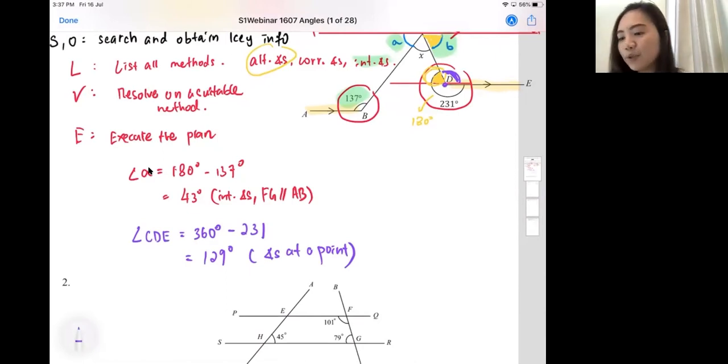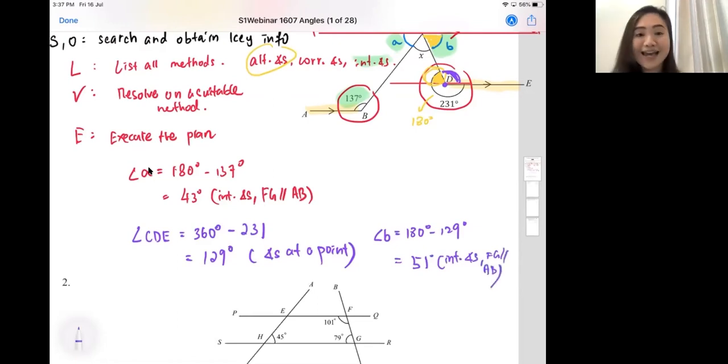Then after that, we use the method that Benjamin and Brian suggested. So we are going to take 180. Angle B will be 180 subtract 129, which is 51. Interior angles again, since FG is parallel to AB.